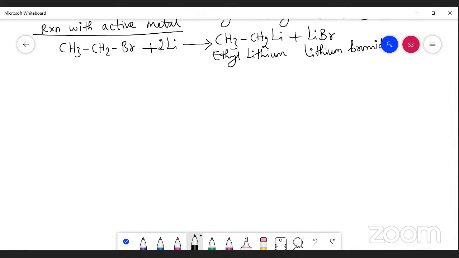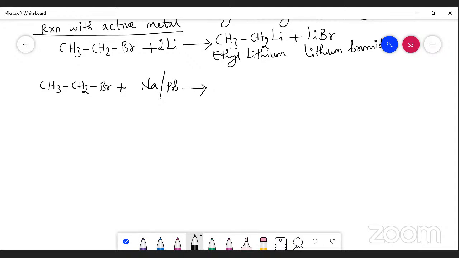Okay. Next, same ethyl bromide I'm going to take. CH3CH2Br reacts with sodium-lead alloy. So very reactive metals, we are taking sodium and lead.